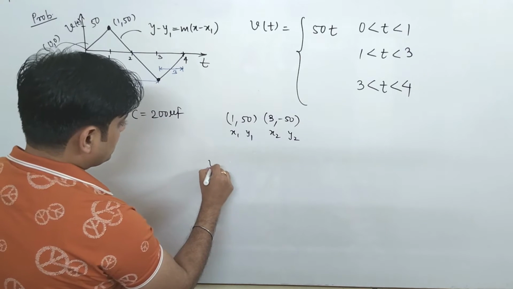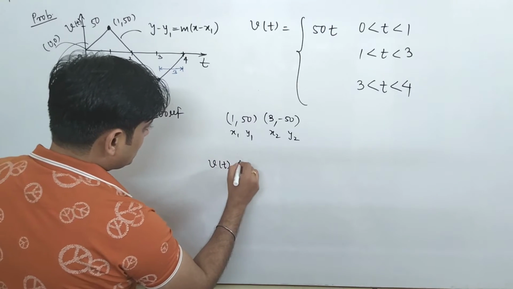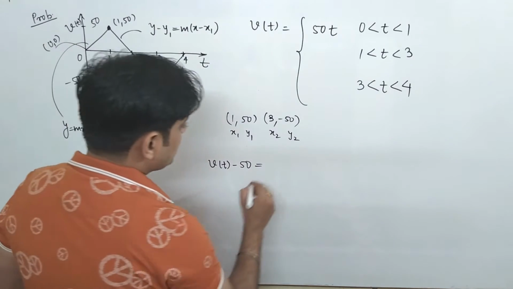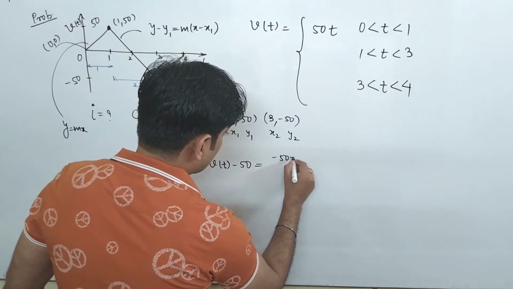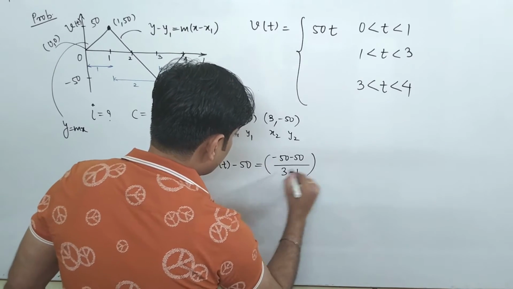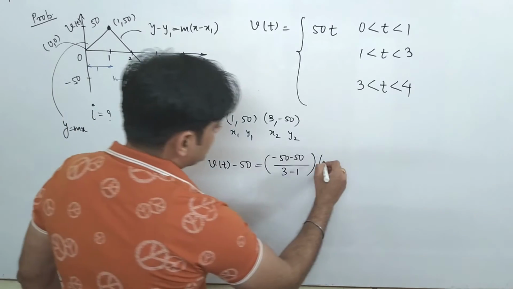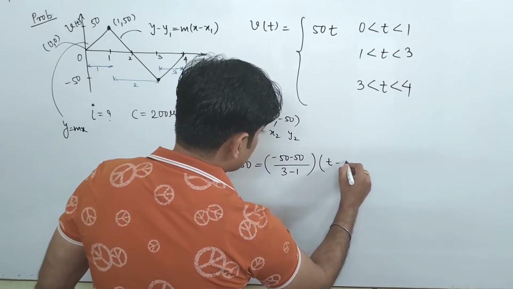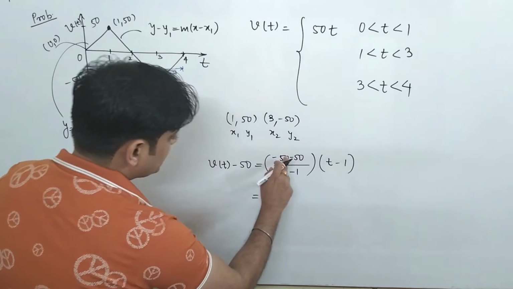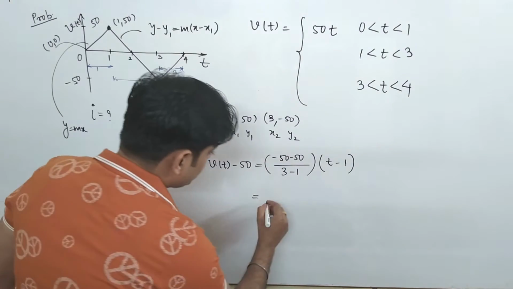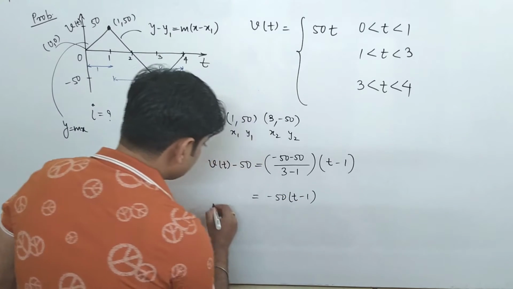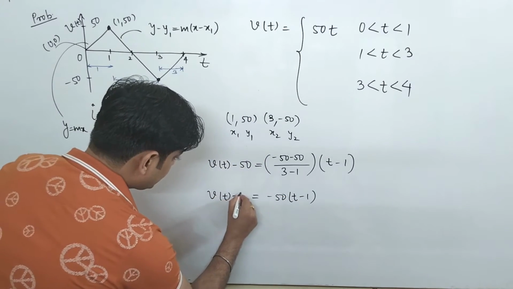So y is your Vt minus y1, that is 50, and that is equal to m, which is y2 minus y1, so it is minus 50 upon x2 minus x1, that is 3 minus 1, into x, that is your t, minus x1, which is 1. So from here you can find your equation, that is minus 100 by 2, so that comes to be minus 50 into t minus 1, and that is Vt minus 50.